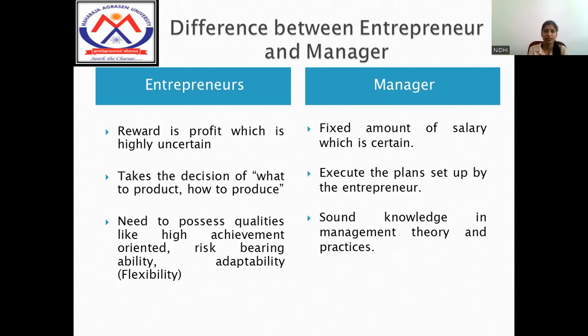Next is decision taking. The entrepreneur is the person who takes decisions: what to produce, how to produce, from where to acquire the raw material, and what kind of technology is required. These decisions are taken by the entrepreneurs.